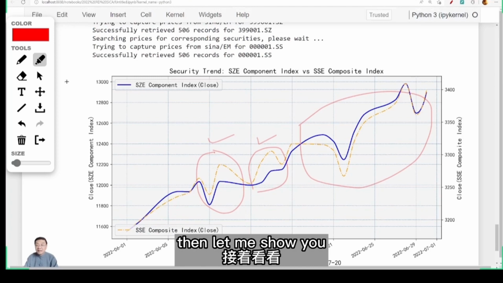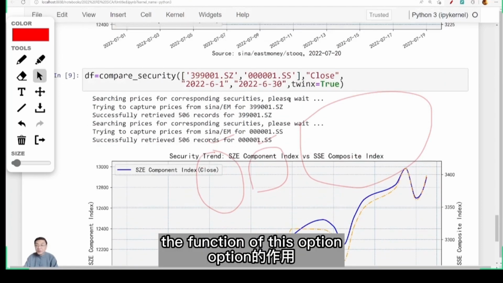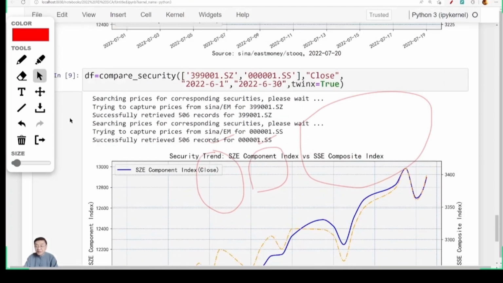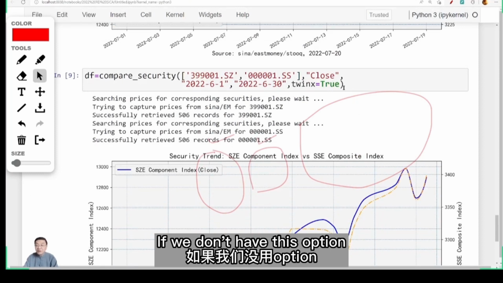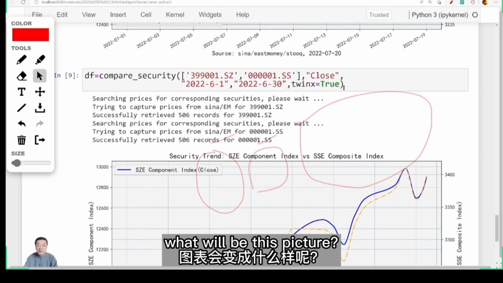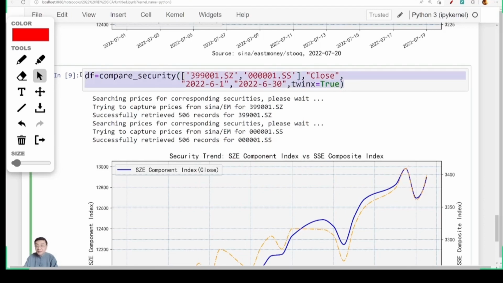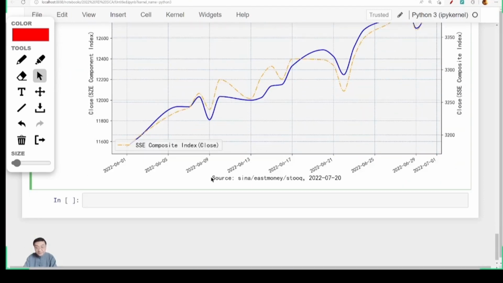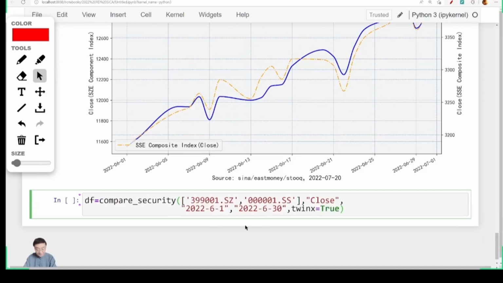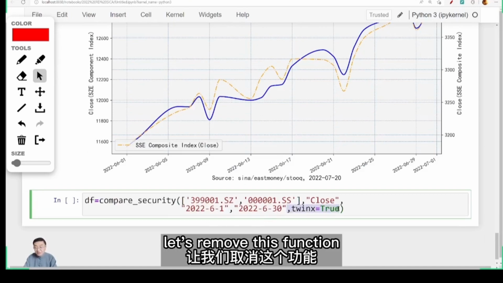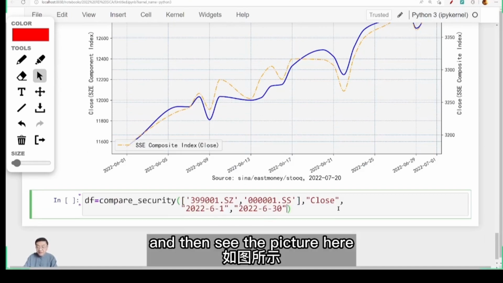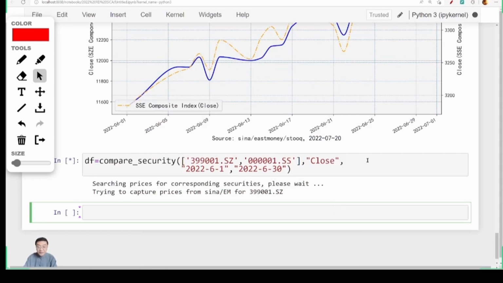Then let me show you the function of this option. If we don't have this option, what will this picture be? Let's remove this function and then see the picture here.